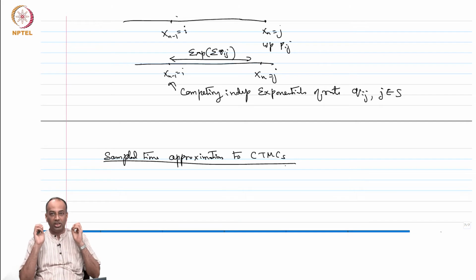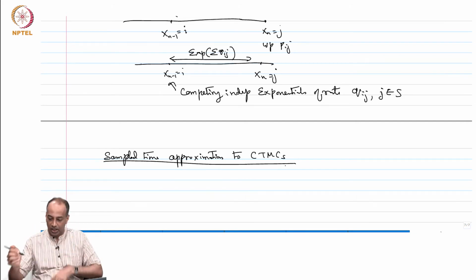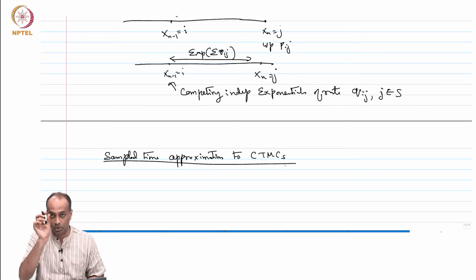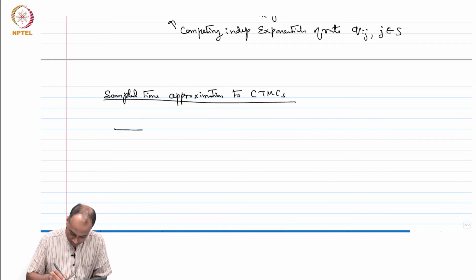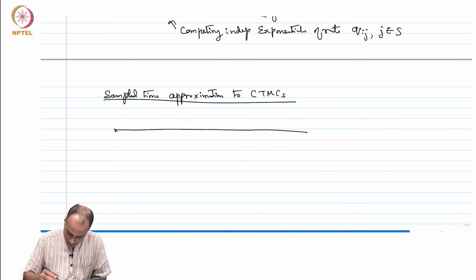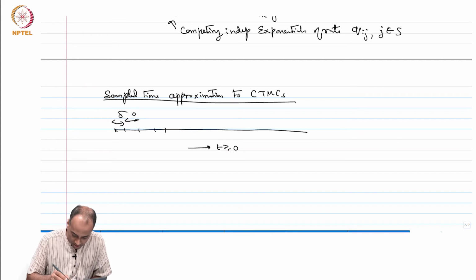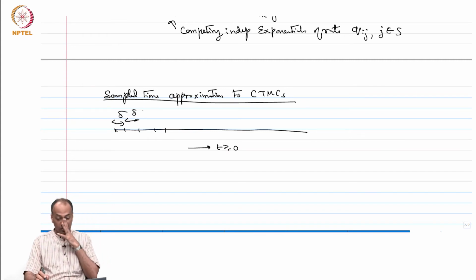Now, I am going to divide time into some very small intervals of time delta, and look at what really happens in these small time intervals. Time is continuous, the CTMC after all, but I am going to divide my time into these little delta intervals. Now, I am going to look at how transitions happen in these little delta intervals.